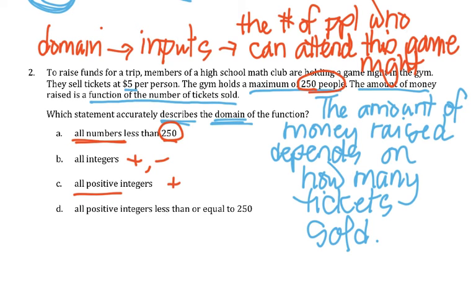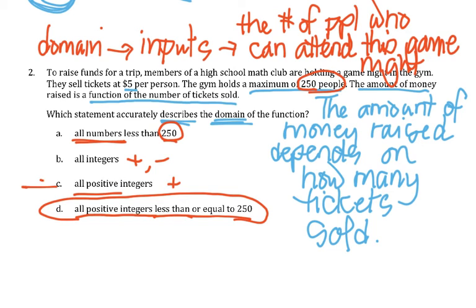And the other one says all positive integers less than or equal to 250. Well, less than or equal to. Yep, I'm going to go with that one. Because this one just says all positive integers. So all positive integers are every number that's positive. It didn't put a stipulation around that 250.